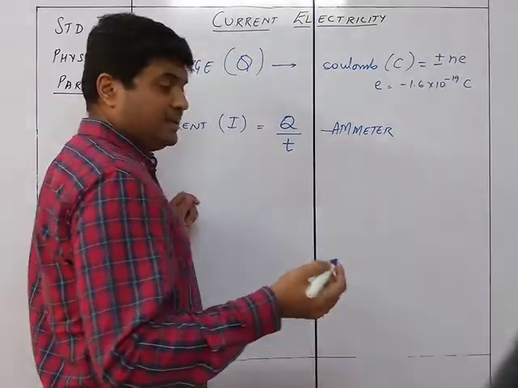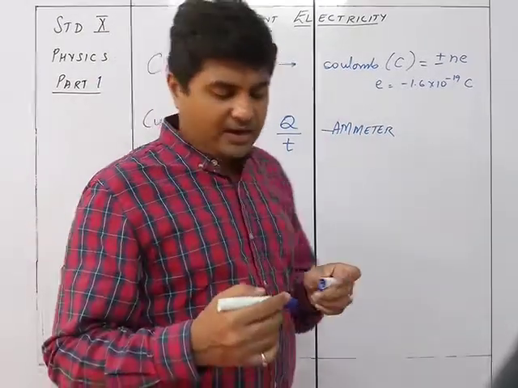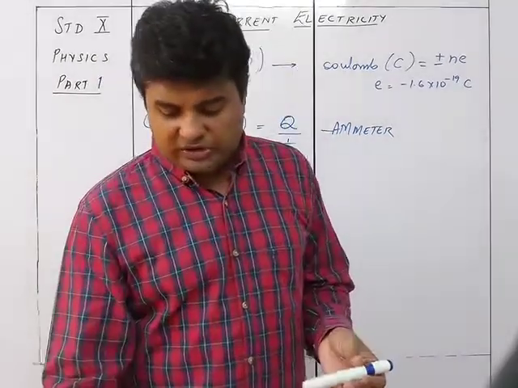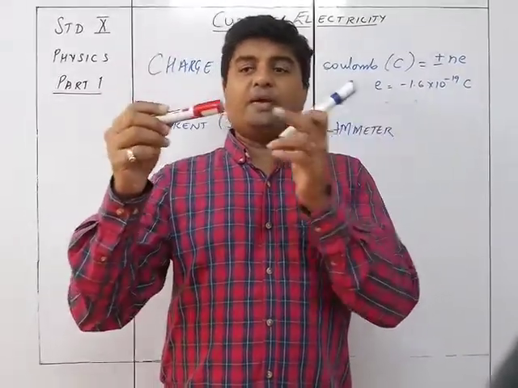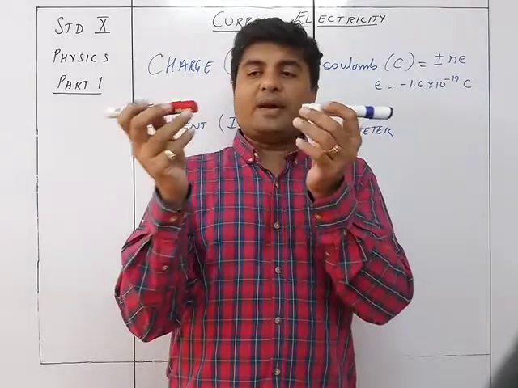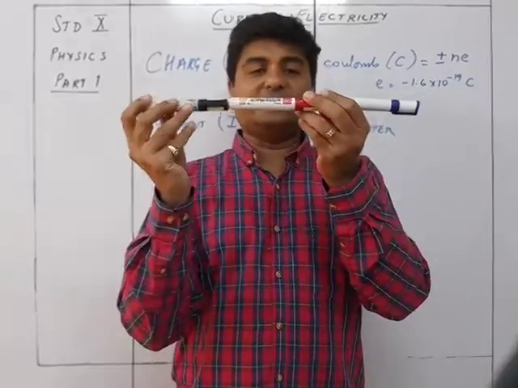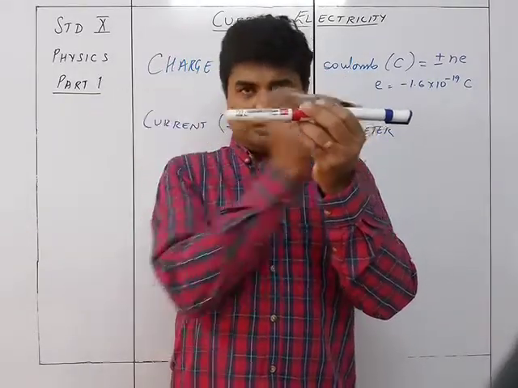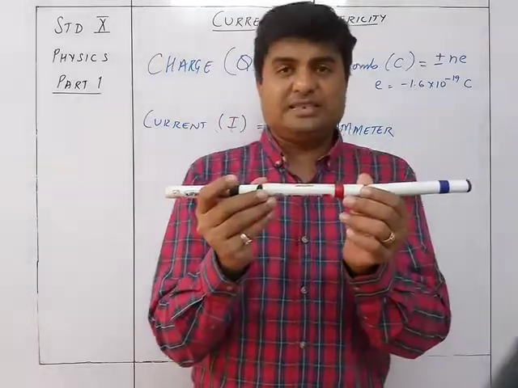What do you mean by series? In a series circuit, you'll always find that they are connected end to start. So it is like, suppose this is one body, this is another body. If this is the start point and this is the end point, and this is the start point, and I am connecting the start point to the end point, and similarly another start point to end point like this, then these three devices are connected in series.